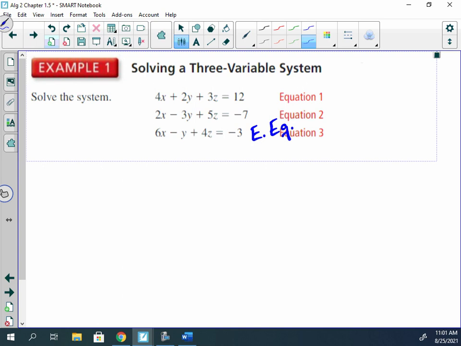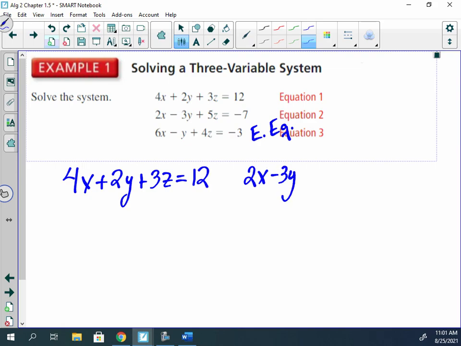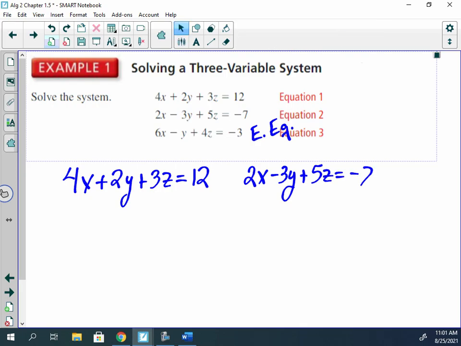So what I'm going to do is go on and write them down. 4x plus 2y plus 3z equals 12. And on your paper, make sure to leave some room to either side, because we're going to have some scrap work in the process.